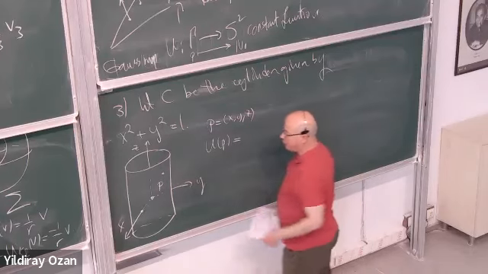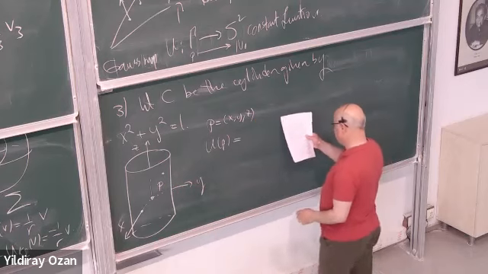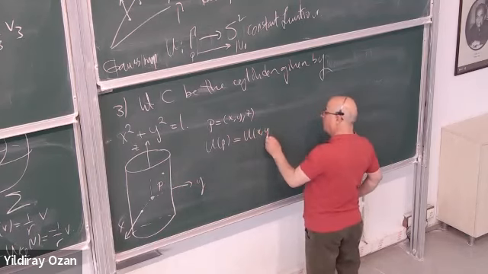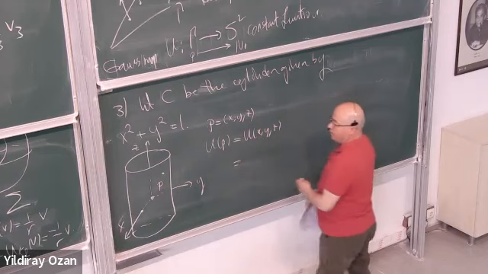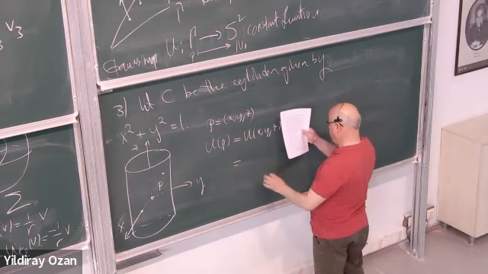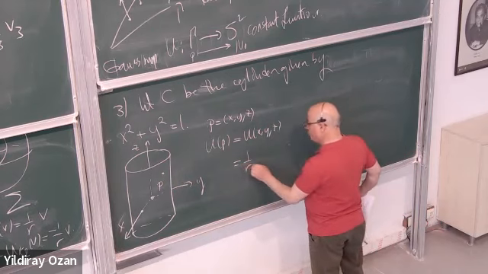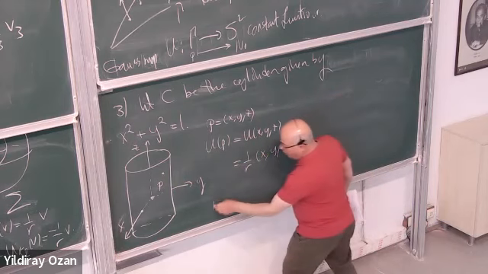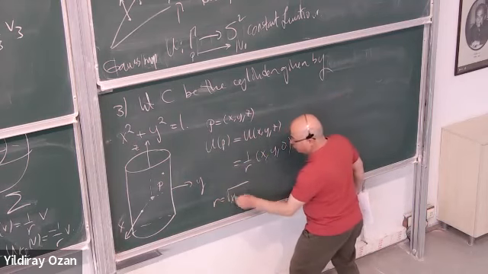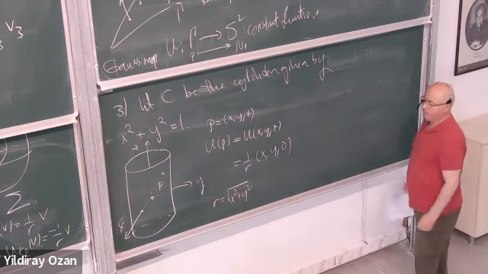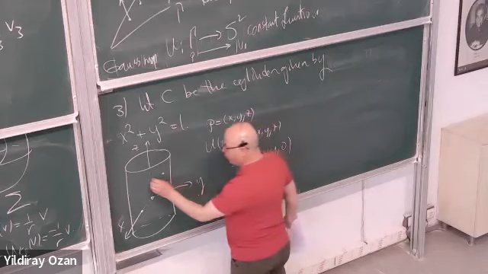I will choose the outer one. So it is just (X, Y, 0) divided by R, where R is just the square root of X squared plus Y squared. Okay, so the normal vector at this point is what?